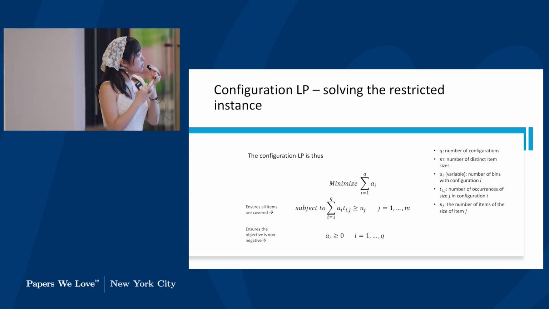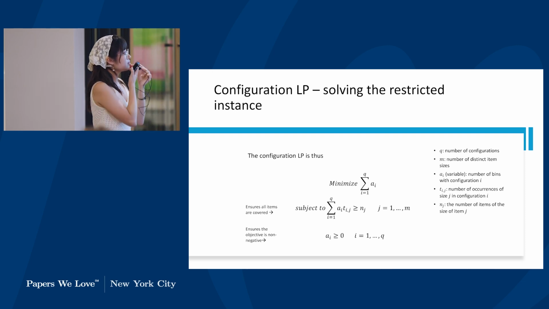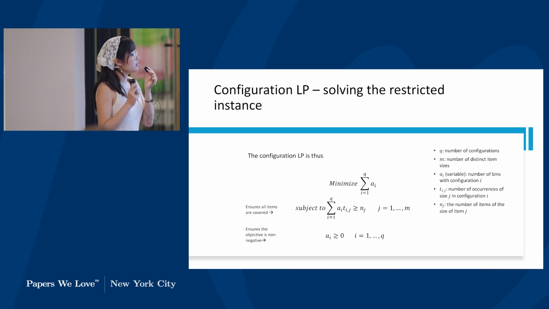And A sub i is a variable, meaning we don't know what it is yet. We will let the computer figure that out after plugging this program into the computer. A sub i represents the number of bins of configuration i. And then T sub i,j is the number of occurrences of size j in configuration i.